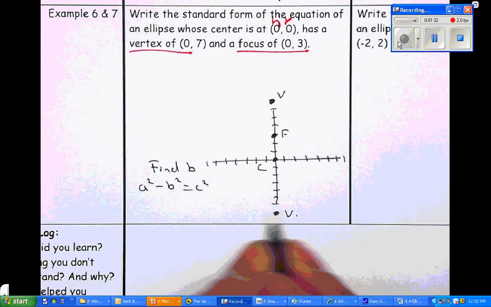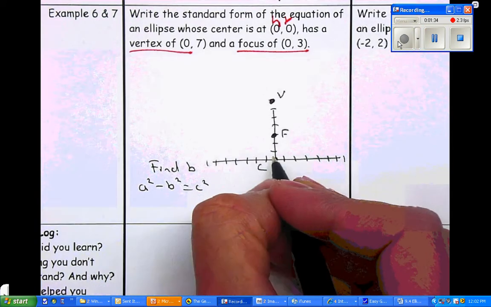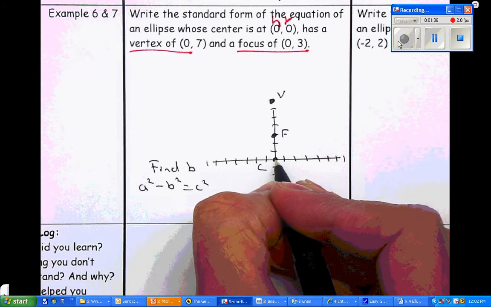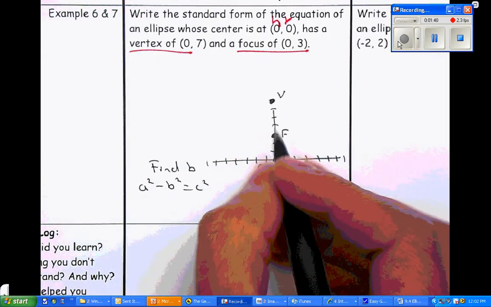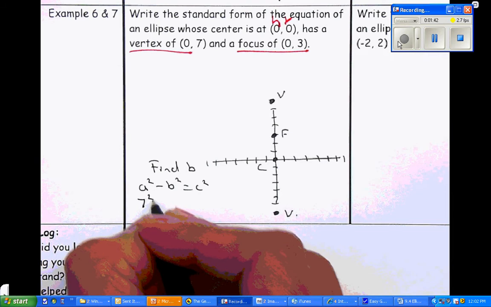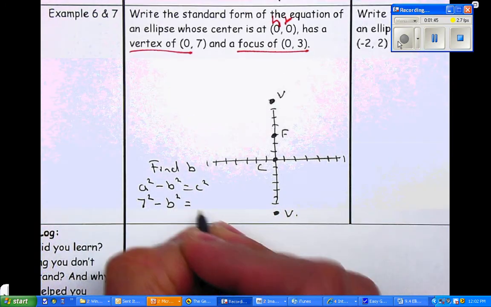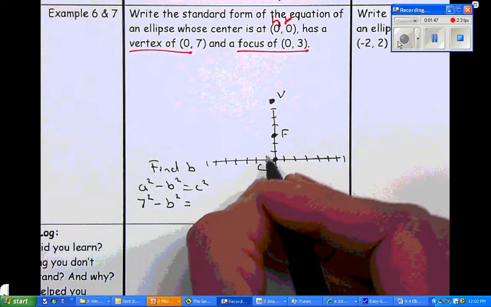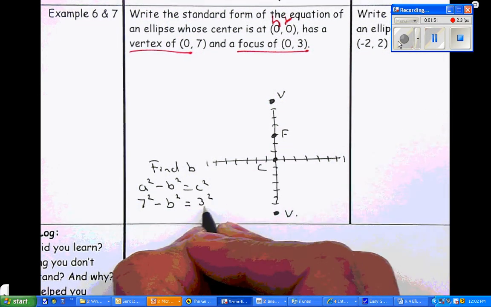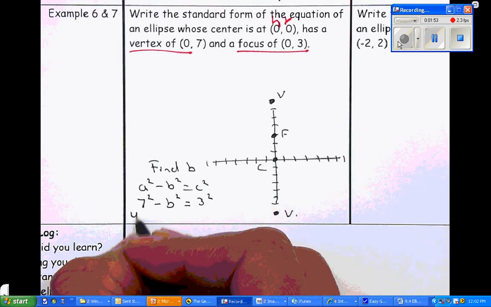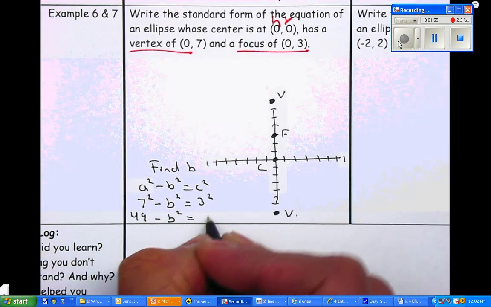The value of a is the distance from the center to the vertex, which is 7 units. So this will be 7 squared minus b squared is equal to c, the distance from the center to the focus, which will be 3 squared. I'm going to simplify, so it's 49 minus b squared is equal to 9.